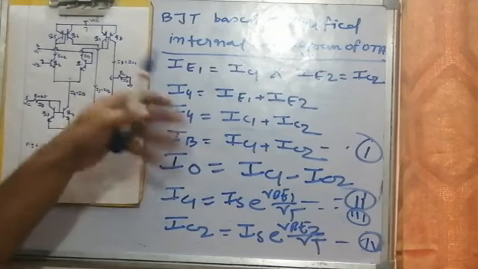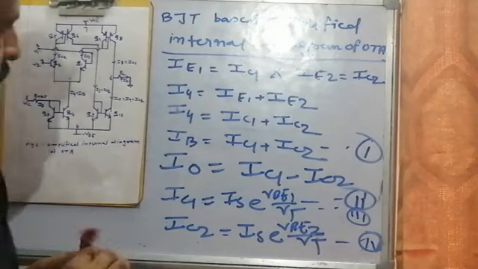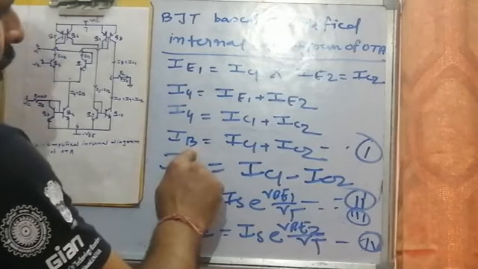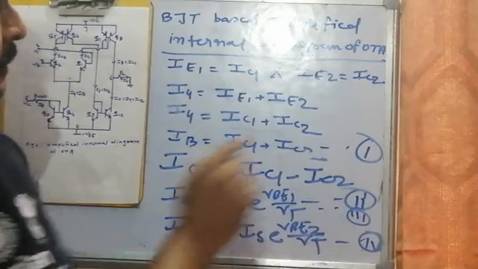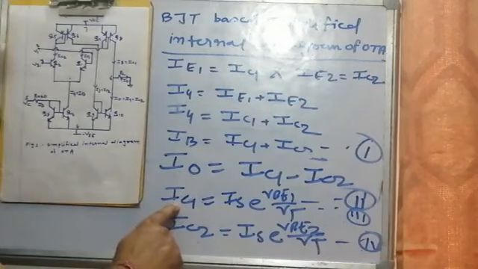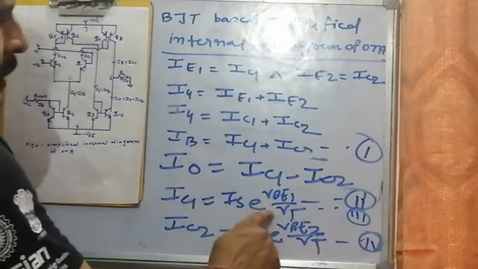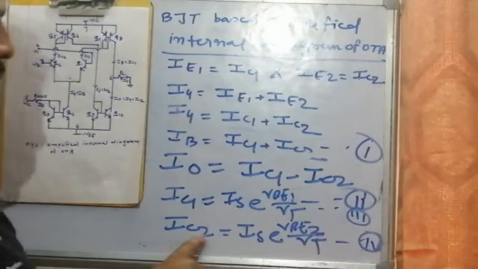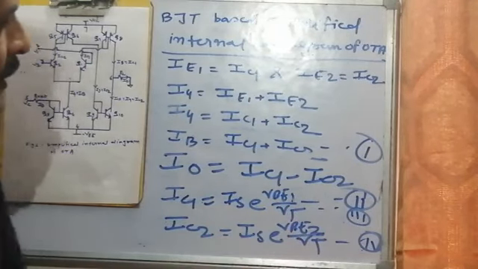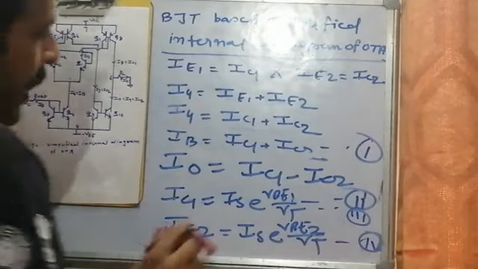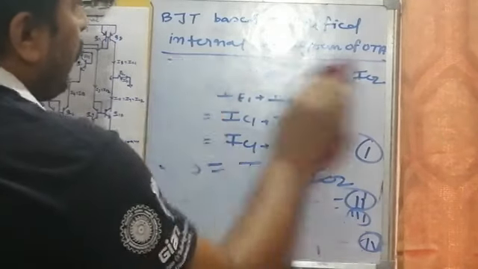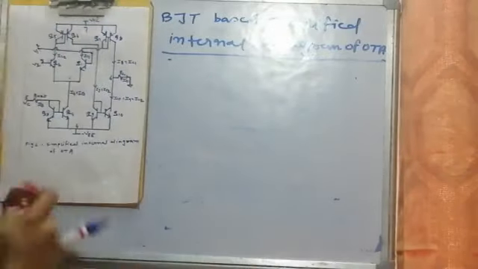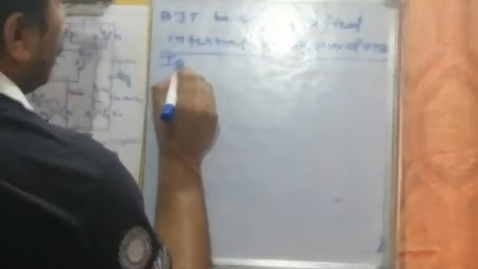So just I am erasing here, and we know, recall this equation IB equal to IC1 plus IC2, and the value of IC1 is equal to IS e to the power VBE1 by VT, and the value of IC2 is equal to IS e to the power VBE2 by VT. So what is the value of IB from equation 1?